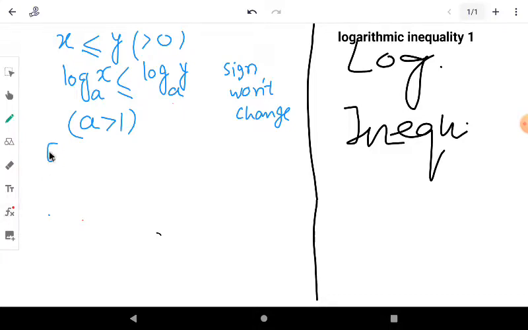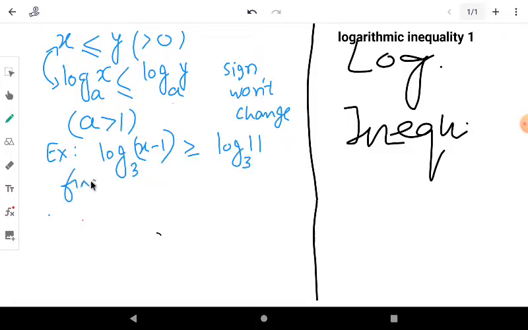Before that, just to explain this, let's take an example. The other thing is, if x is lesser than y, log x is lesser than log y, it works both sides. Like if log x is lesser than log y, then x would be lesser than y. For example, log of x minus 1 base 3 is greater than or equal to log of 11 base 3.